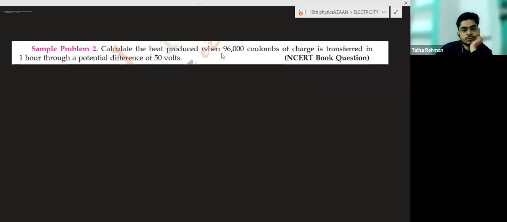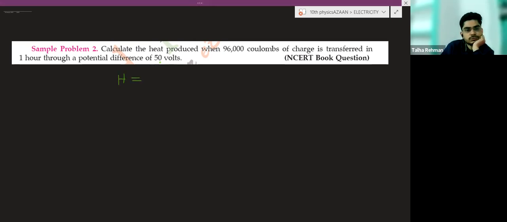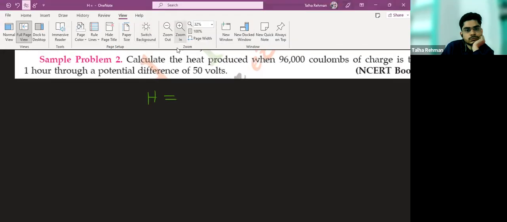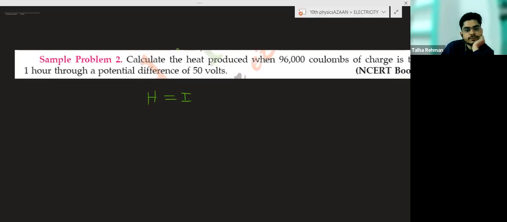Calculate the heat produced when 9600 coulombs of charge is transferred in 1 hour through a potential difference of 50 volts. Basically, in this question, you have to apply this formula: H is equal to I square RT.